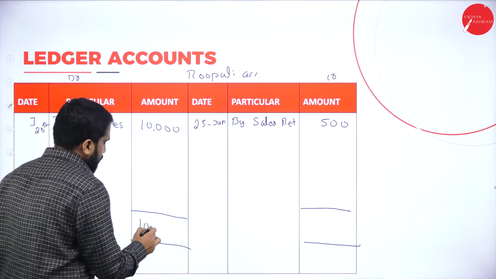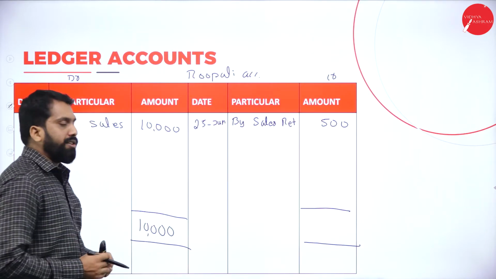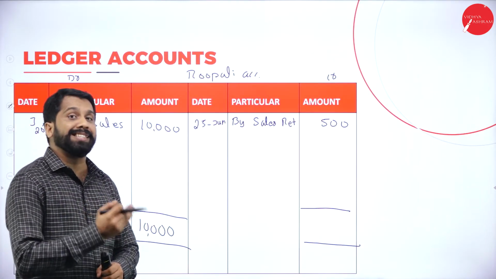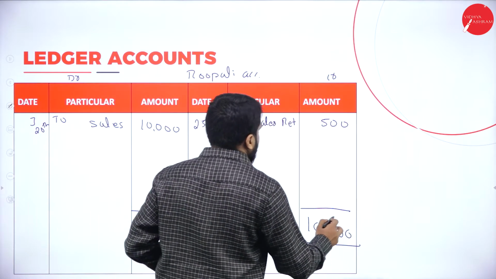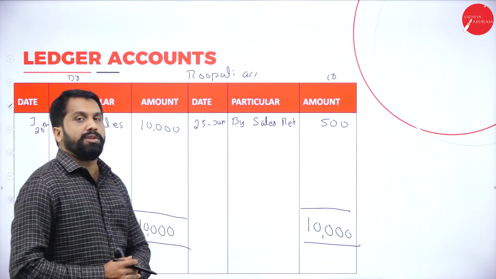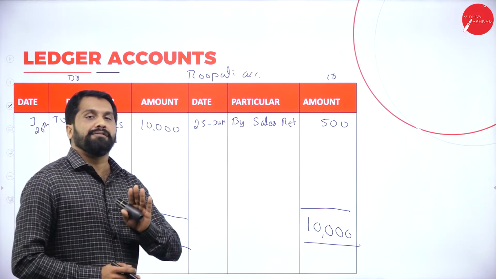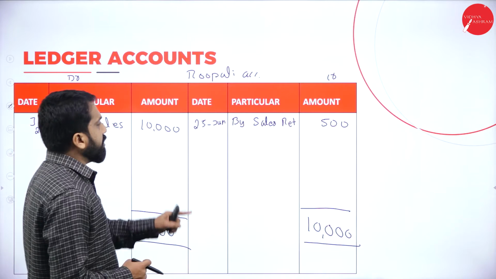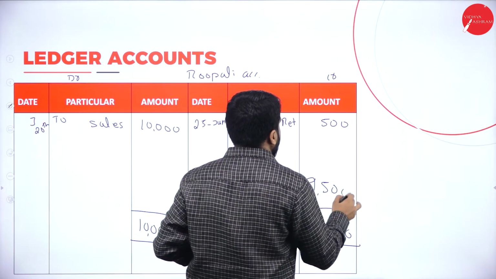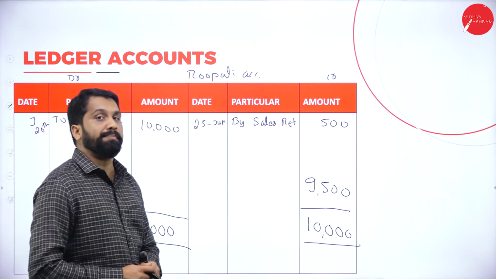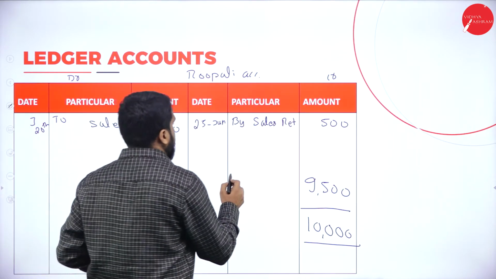Higher value should be written on both sides, so 10,000 here also. Now, from 10,000, you should minus how much? 500. 10,000 minus 500, you will get 9,500. What should you write?